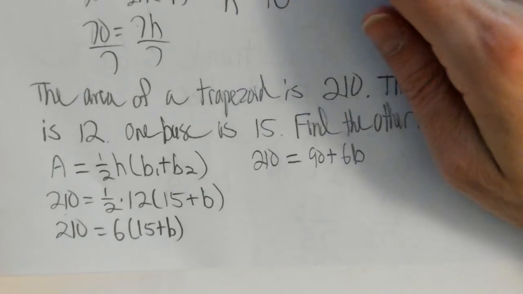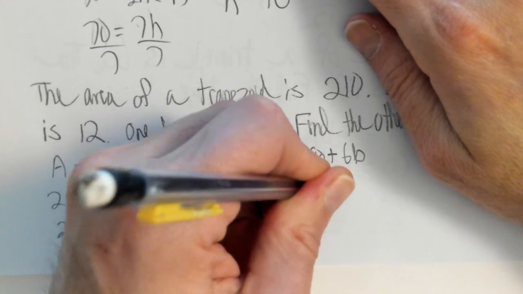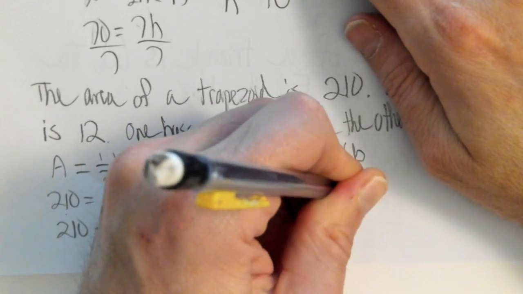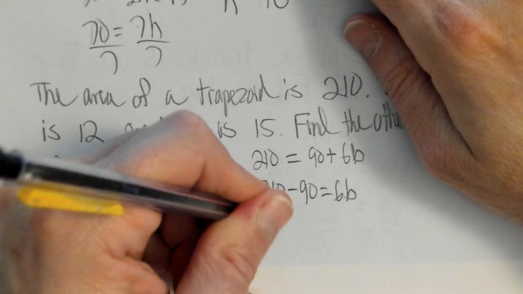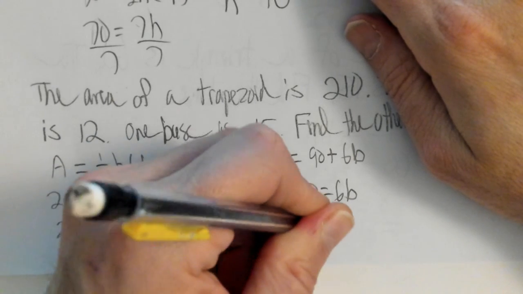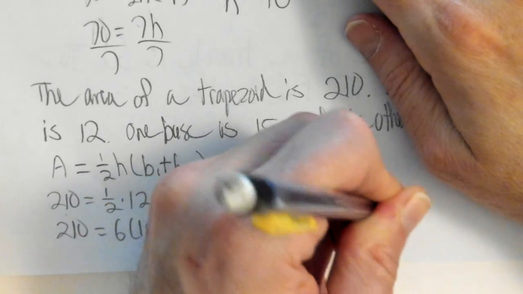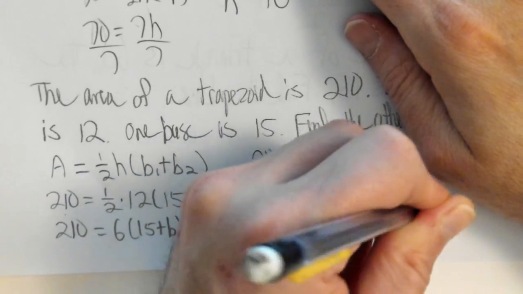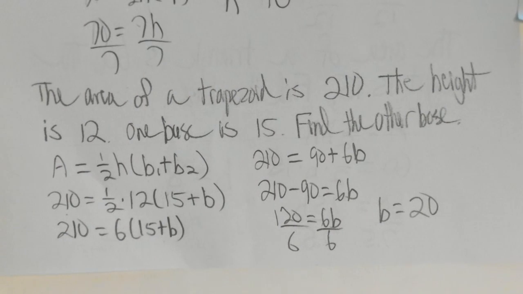Okay, I'll move the 90 over to the other side and get 210 minus 90 equals 6b. And so that subtraction would be 120 equals 6b. And now we're ready to divide both sides by 6. So that means the other base has to be 20, and then there is your answer. All right, so those are several examples to get you ready now for your quiz.